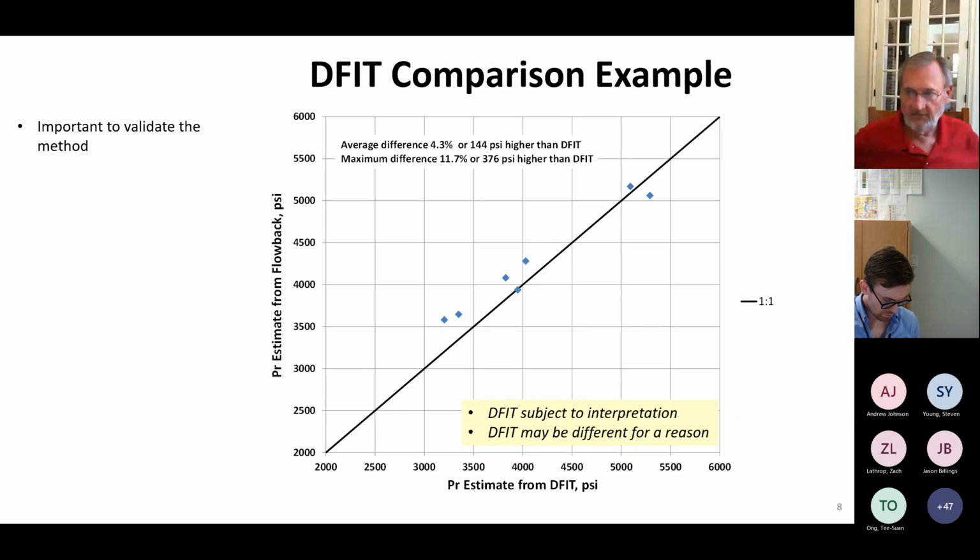And the way we did DFITs back then was not exactly the way we do them now, and the way we interpret them is different as well. So I'm reluctant to really generalize about making some correction to all the points for that. But you make a good point. If you're seeing a systematic variation, it makes sense to adjust your estimates accordingly.